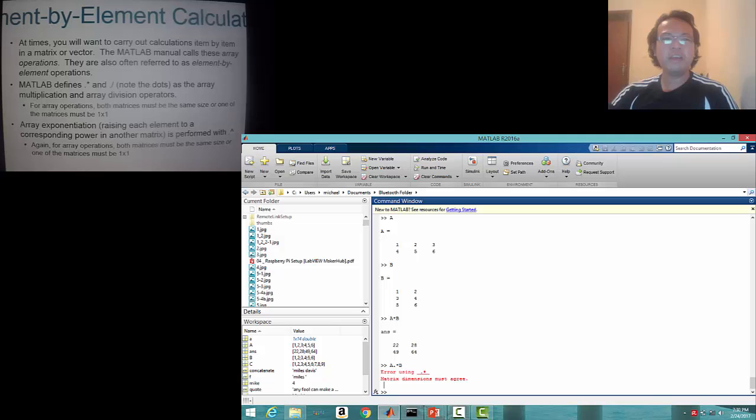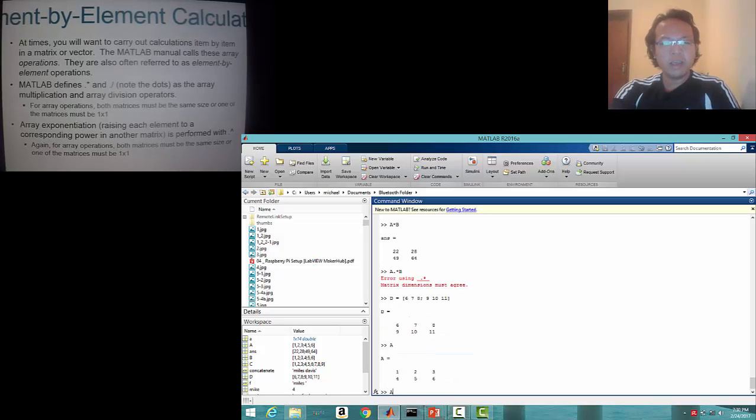So if A is a 2 by 3 matrix, you can multiply it element by element with another 2 by 3 matrix. So let's say D is equal to 6, 7, 8, 9, 10, 11, for example. Let's review again.